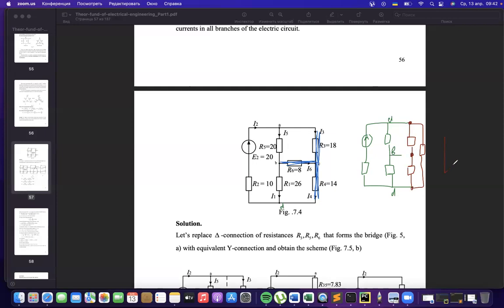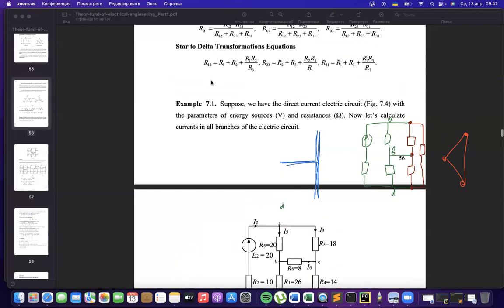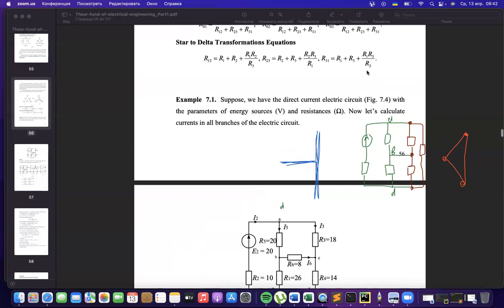If we redraw it, you see that it looks like a triangle. Here it is. And we can recalculate these 3 resistors and use 3 others instead of them. How will it be using these formulas?